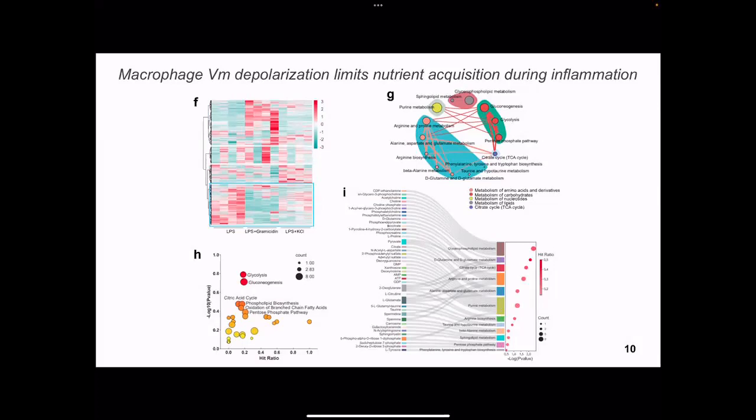Therefore, these changes in metabolites suggest an impaired nutrient acquisition and subsequent anabolic metabolism upon membrane potential depolarization. We found a very profound impact of the membrane potential depolarization on the immunometabolism of the macrophage upon inflammatory stimulation.